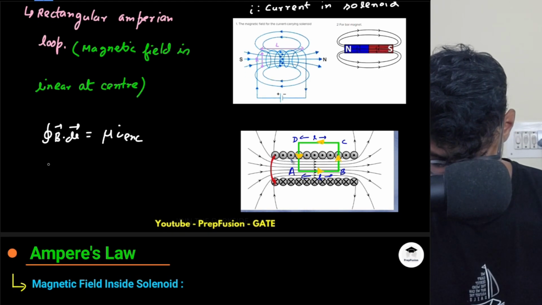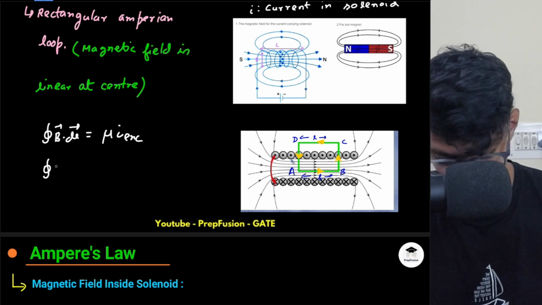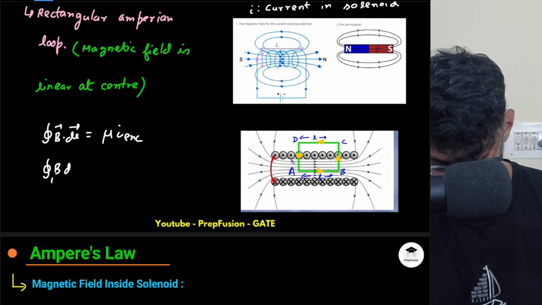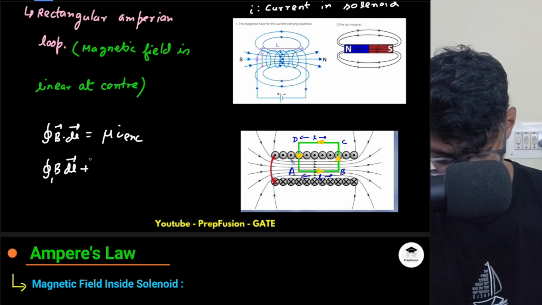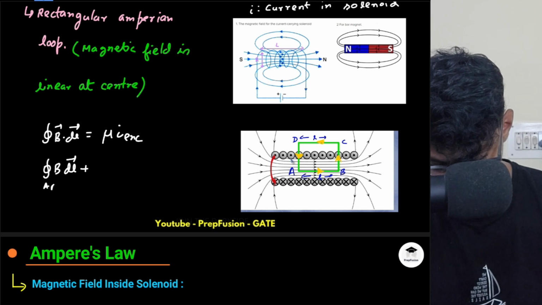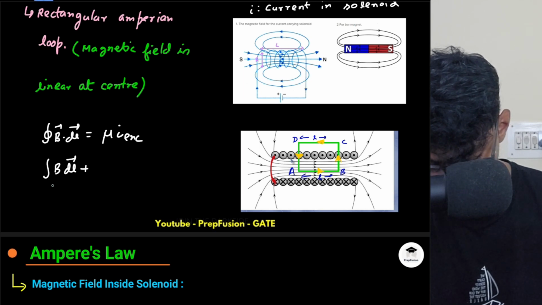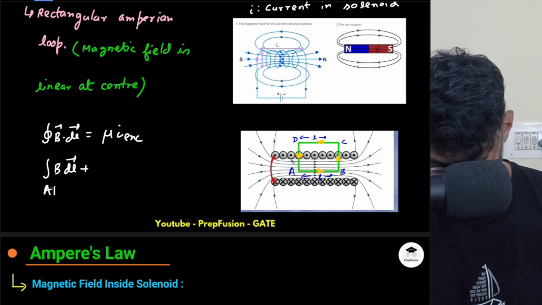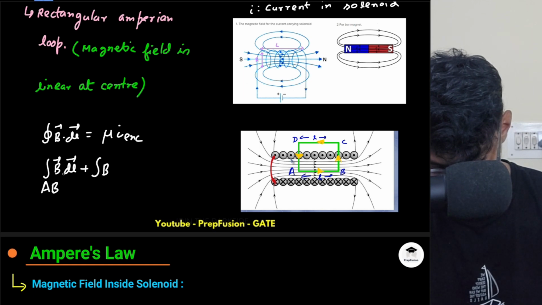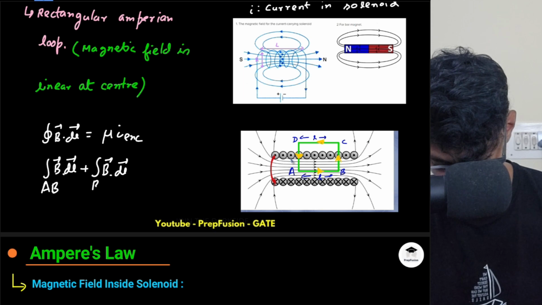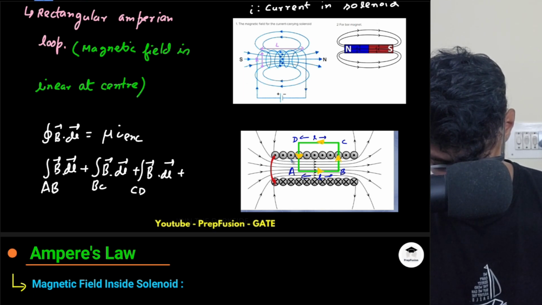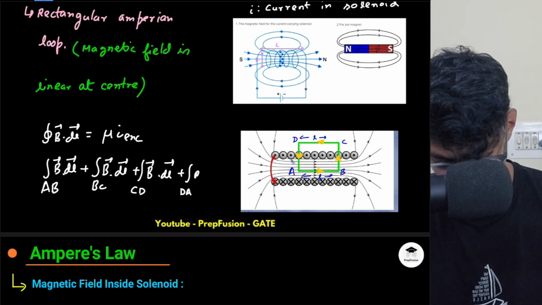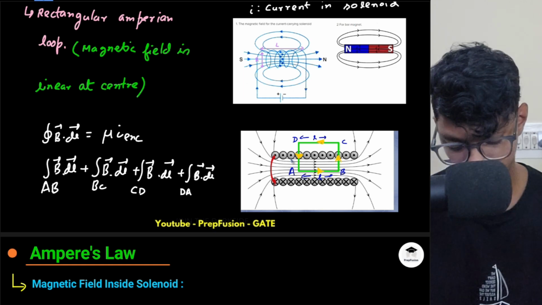So it will be the integral of B dot dl for section AB, not a closed loop anymore, this will become open, plus the integral of B dot dl for BC, plus the integral of B dot dl for CD, plus the integral of B dot dl for DA.